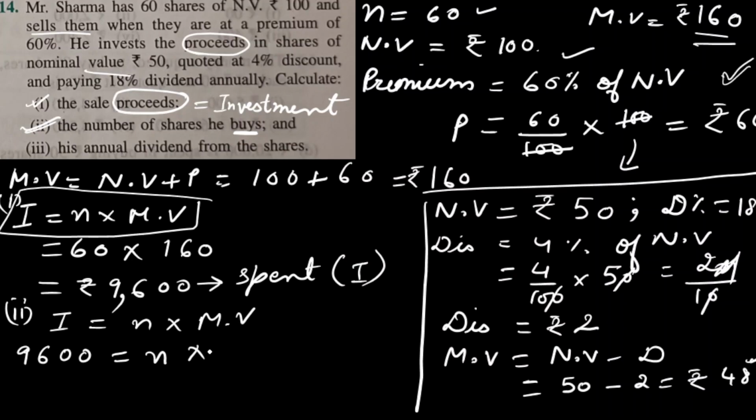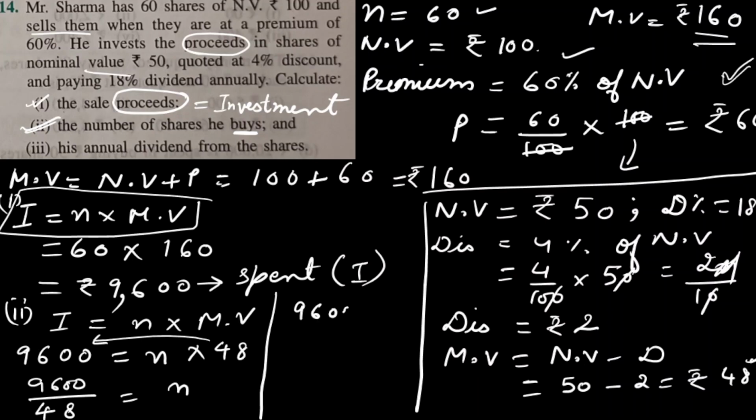Market value is equal to 48. Now number of shares we have to find. So this 48 will shift to the other side. So 9,600 divided by 48, because on this side number of shares is getting multiplied with 48. When we shift 48 to the other side, it gets divided. So directly we can do 9,600 by 48 equals N.